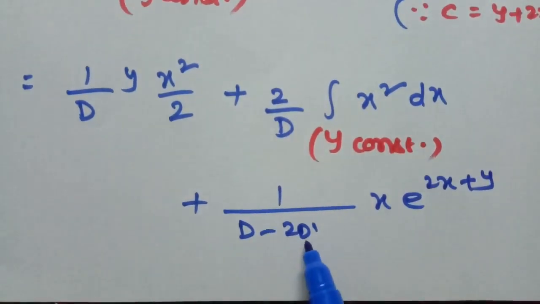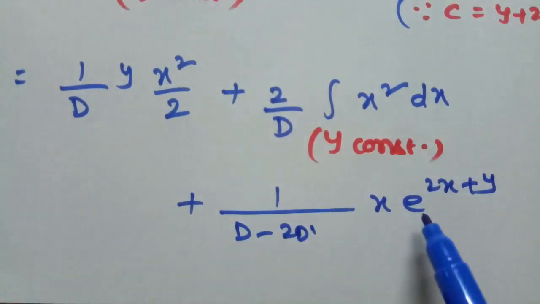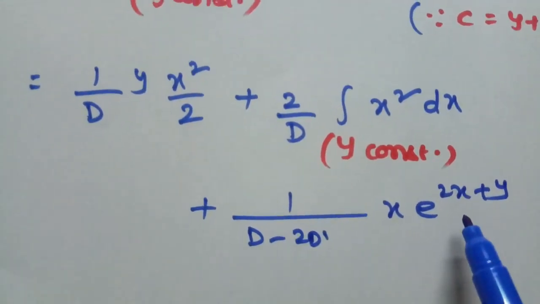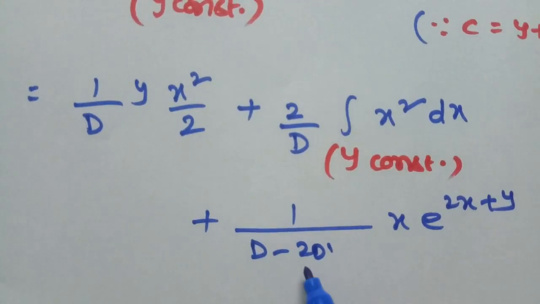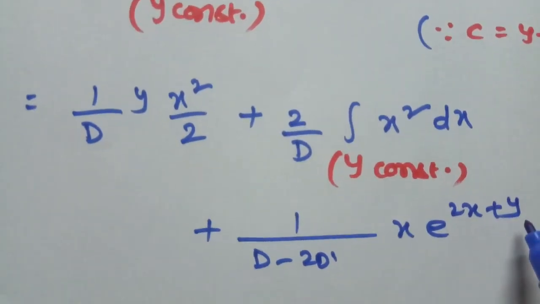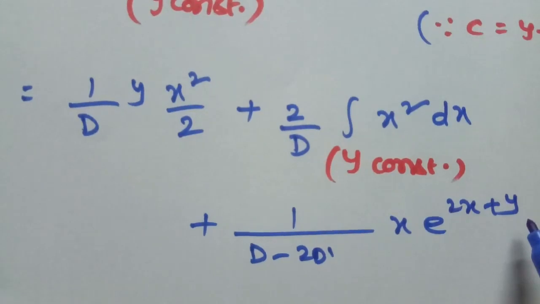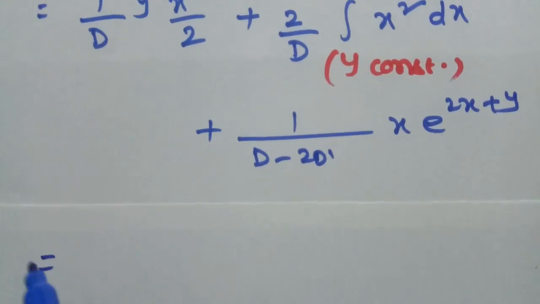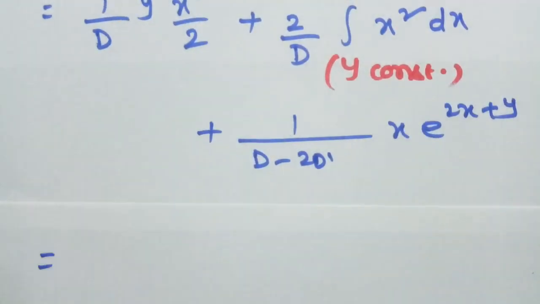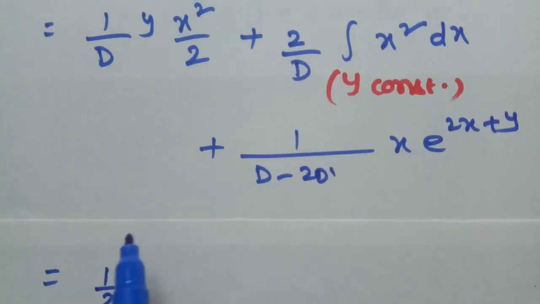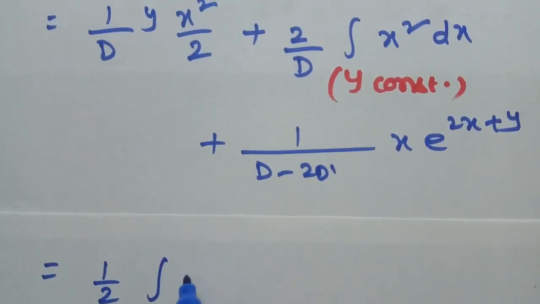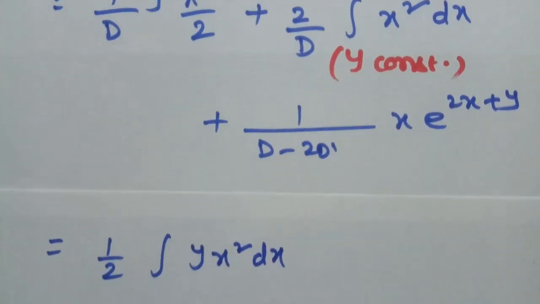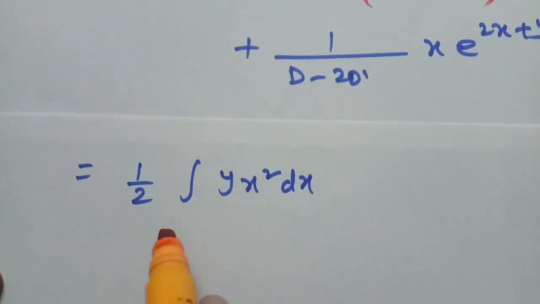So denominator is a linear factor. By using rule number 4, this can be written as integration of f of x comma y, where y can be replaced by c minus m2x, where m2 is equal to 2. Therefore you can replace y is equal to c minus 2x. This equals, now 1 by d, 1 by 2 is a constant, so integration of y into x square dx, keeping y as a constant.